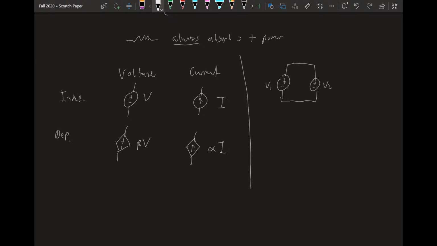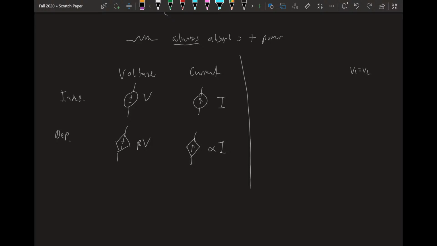Well, if V1 equals V2, check mark, it works. If V1 doesn't equal V2, bad. In real life, this condition would never happen. This would blow up. Don't do this. This is bad.